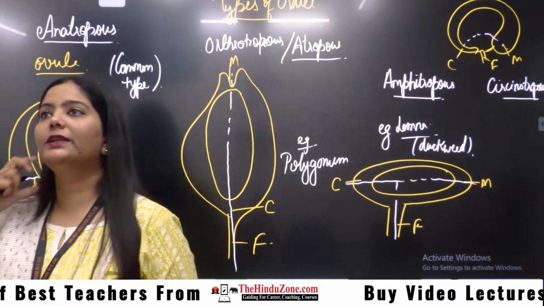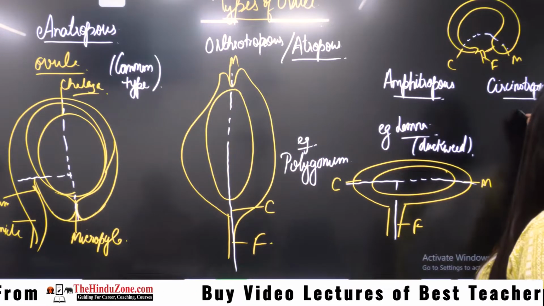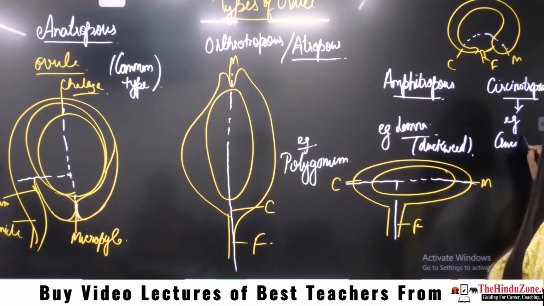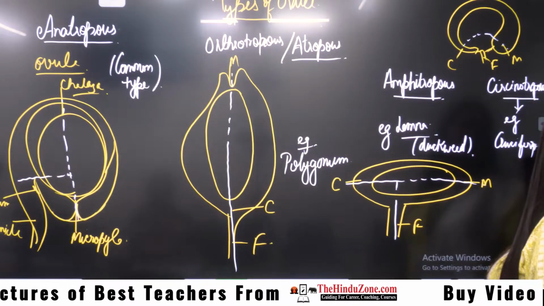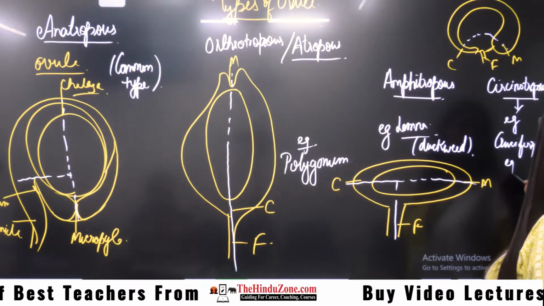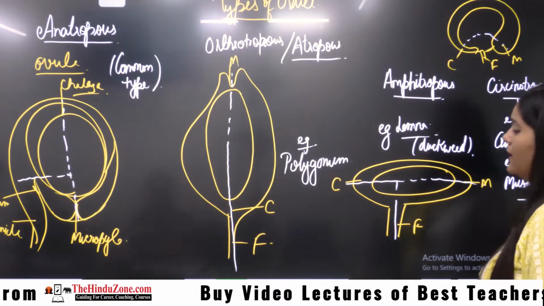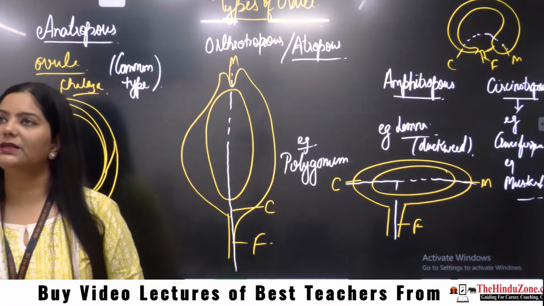Here you are getting the example of mustard. In that family this is usually seen. Mustard. Okay? Mostly seen in the Crucifery family, like mustard.